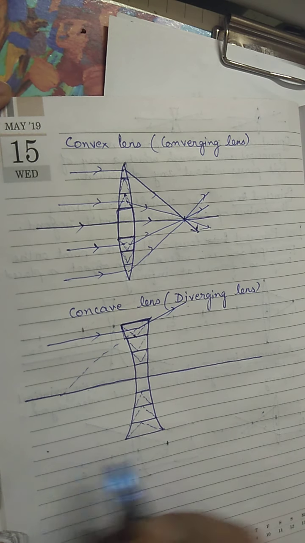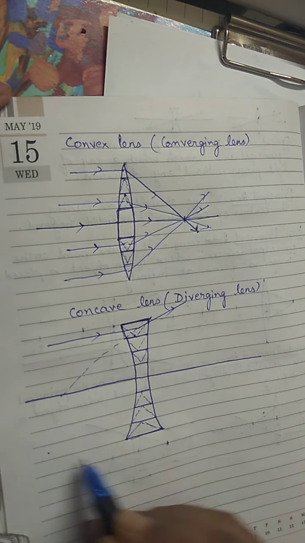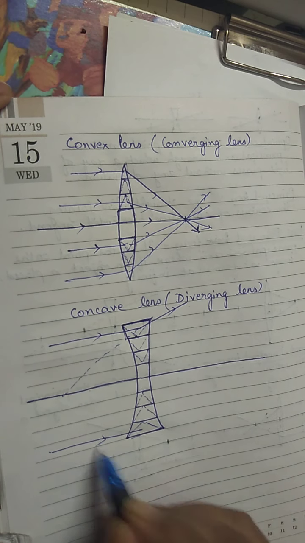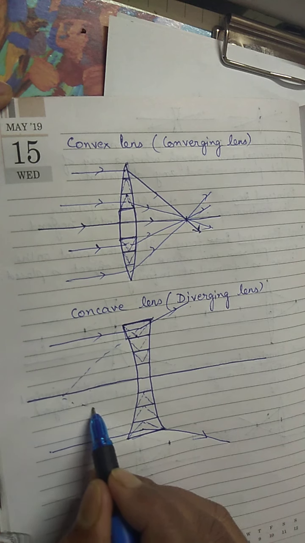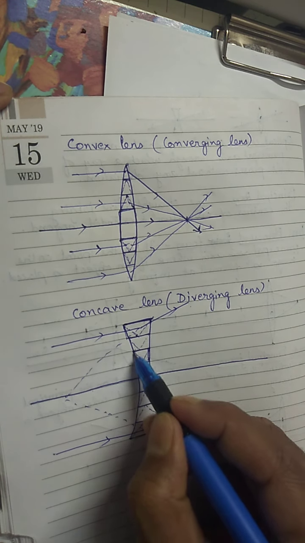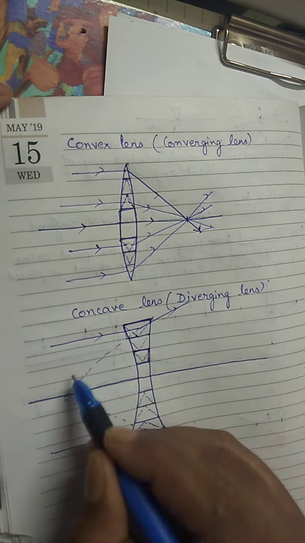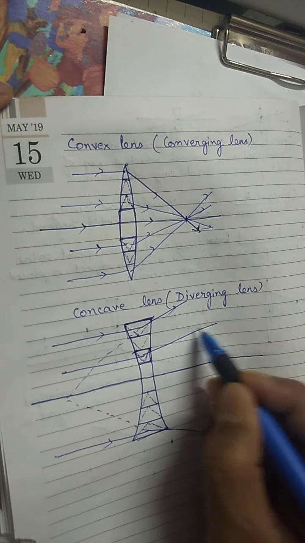Similarly, for this part, this is the broader part, so this can be considered as a prism. So it will be going towards the base. Similarly, suppose for this part, this is the broader part, so this can be considered as the prism. So it will diverge out.